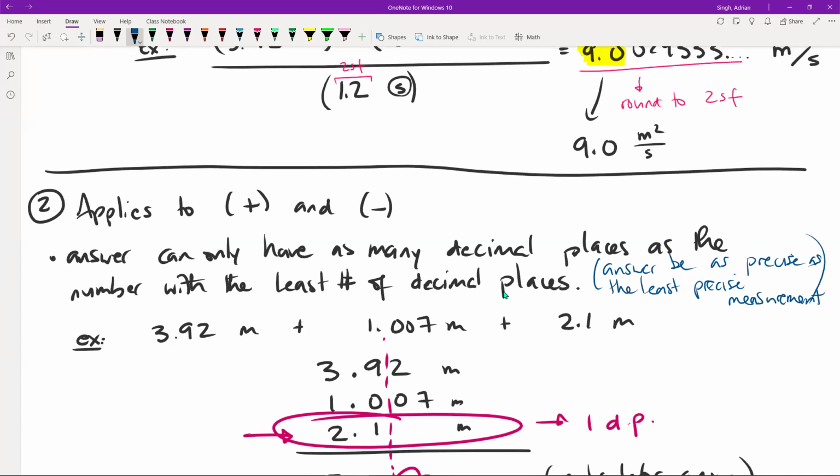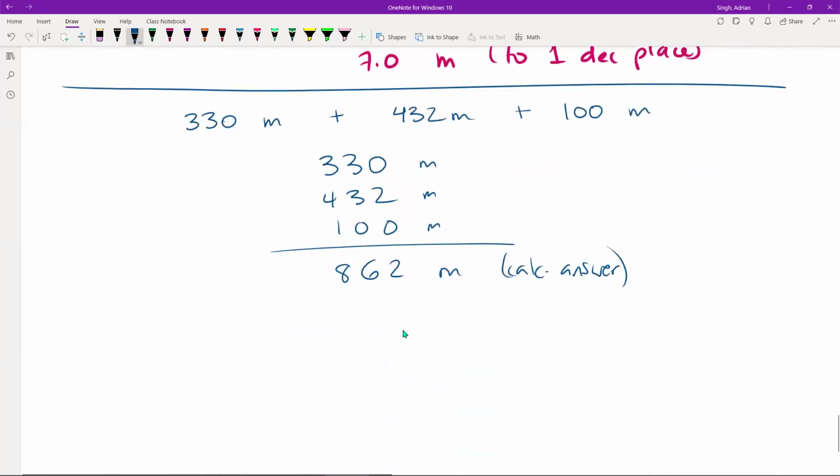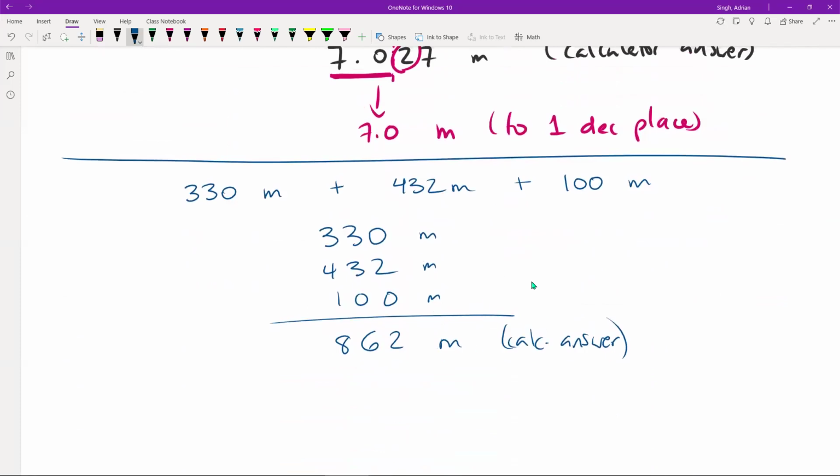In this case, we don't have any decimal places, but we can look at the precision of these measurements. This first measurement, we could estimate to the tens place, which is the 3. The second measurement, we could estimate to the ones place, which is the 2. Whereas the third measurement, we could only estimate to the hundreds place.